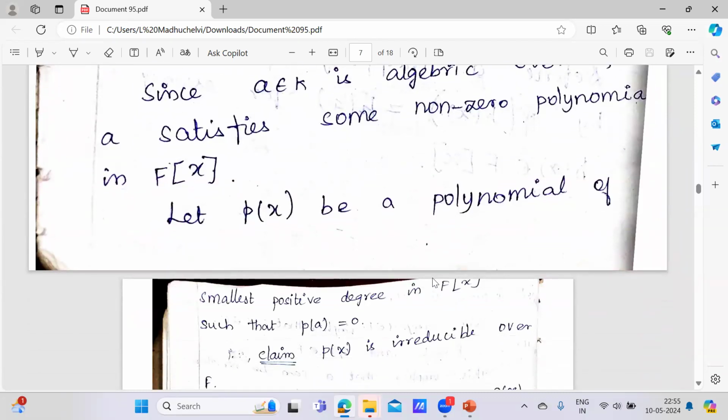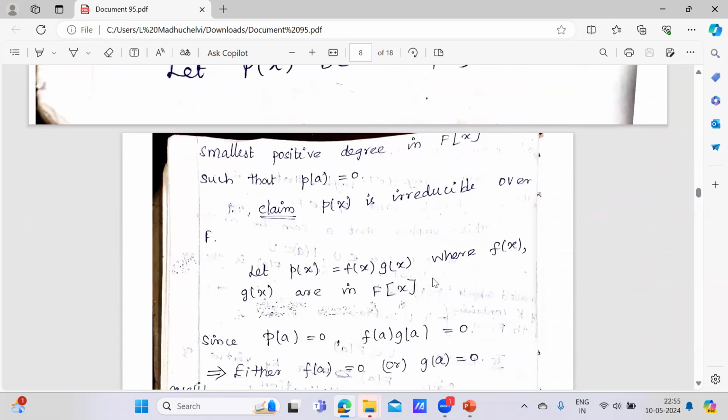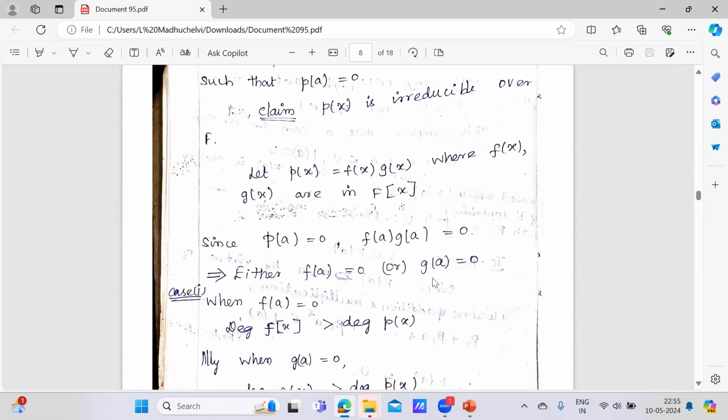Let p of x be a polynomial of smallest positive degree in F of x such that p of a equal to 0. Our first claim is to prove p of x is irreducible over F.